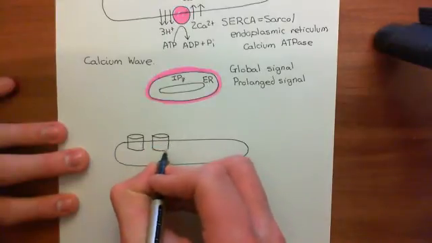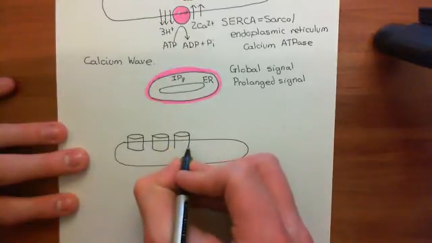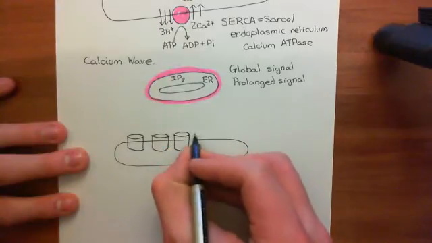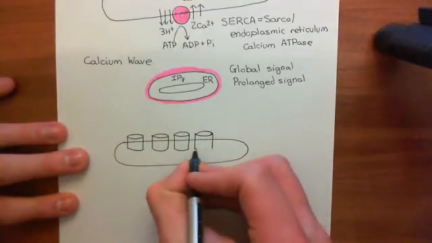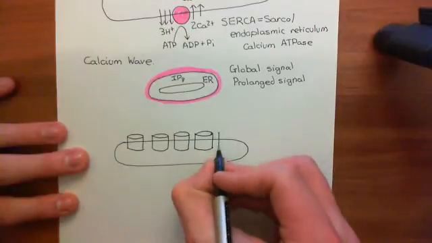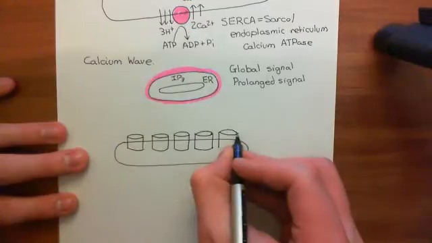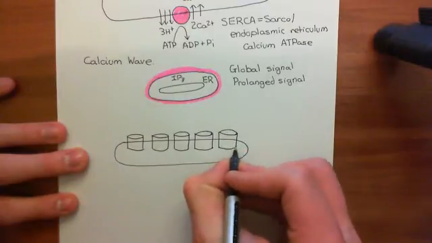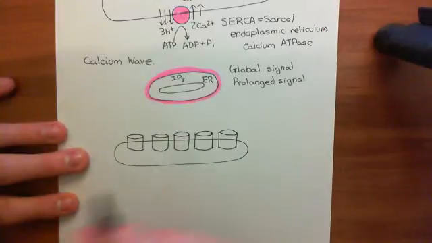So absolutely every IP3 receptor will have IP3 bound to it, and therefore it will be in the state where low levels of calcium can activate it to open. However, I want to stress again that if you have extremely high levels of calcium, that will not activate it to open, that will cause it to close, and that's going to be important.